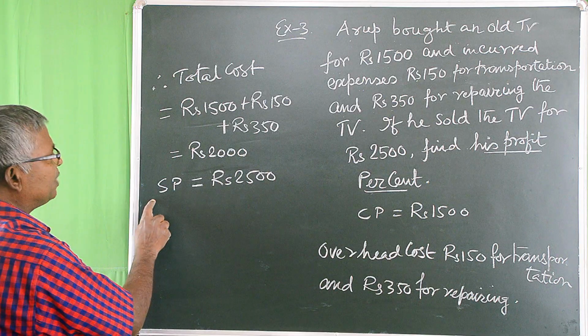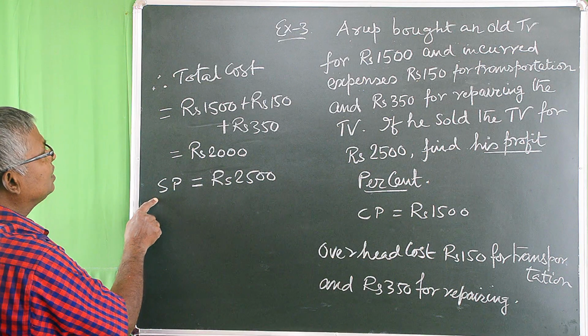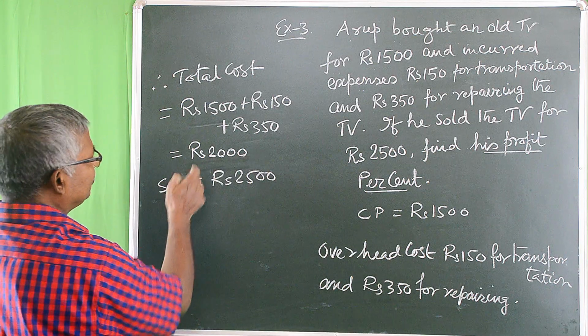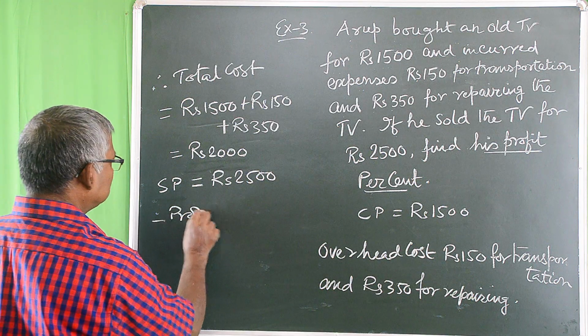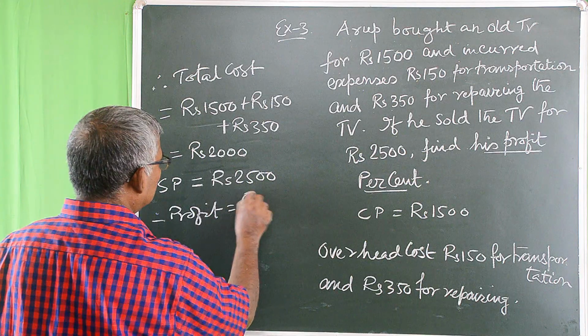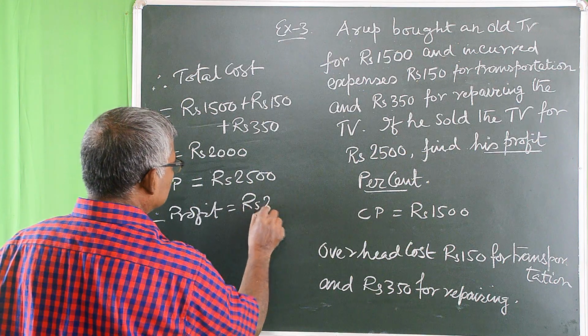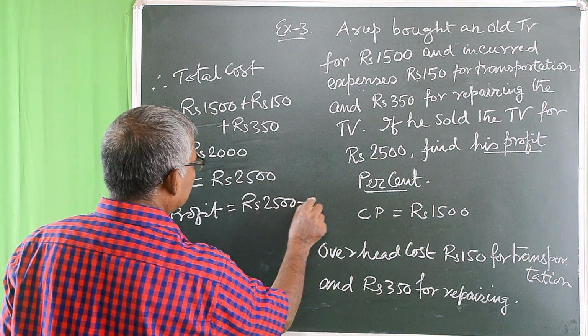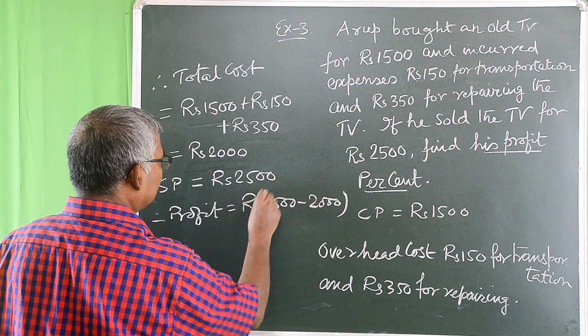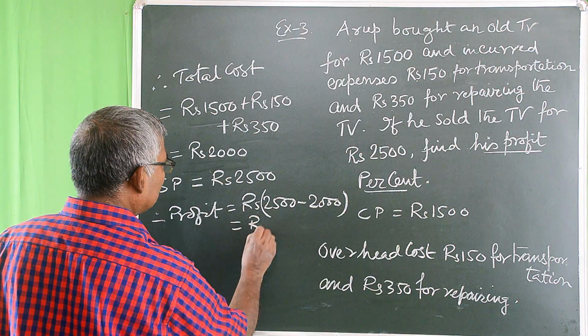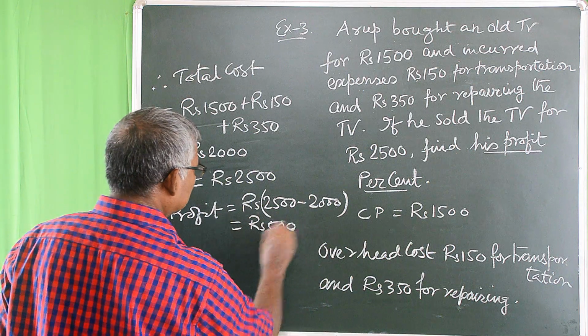Clearly selling price of the TV is more than the cost price of the TV. Therefore profit equal to rupees 2500 minus 2000, total cost equal to rupees 500.